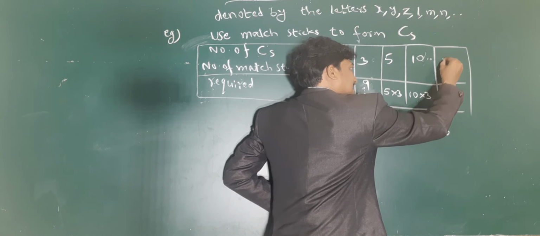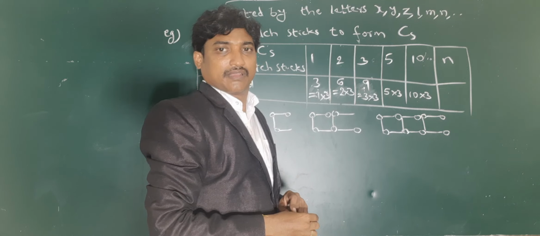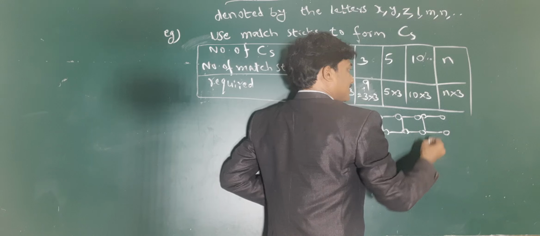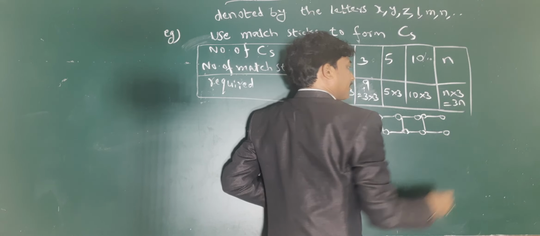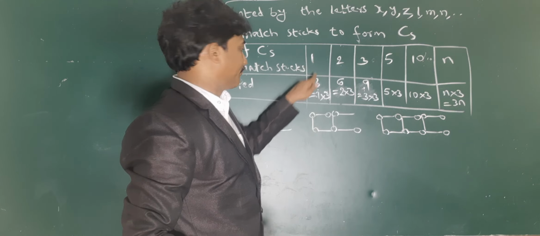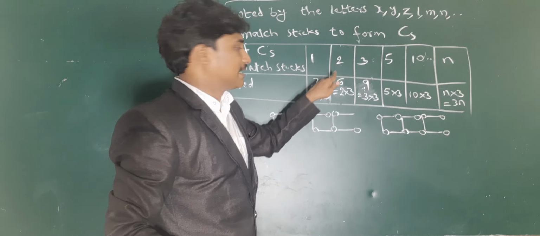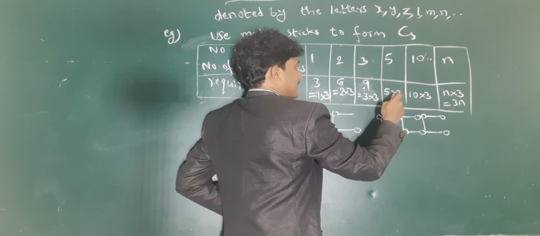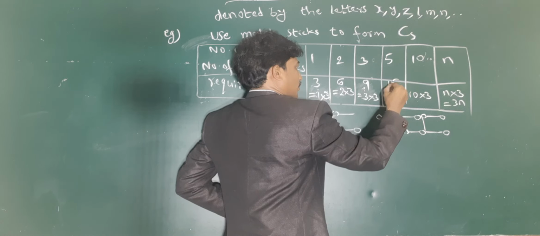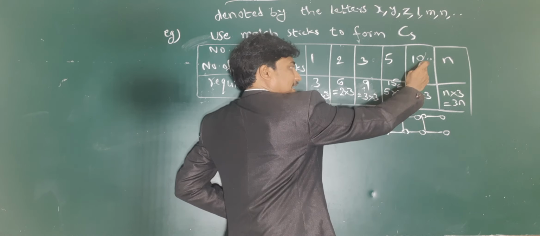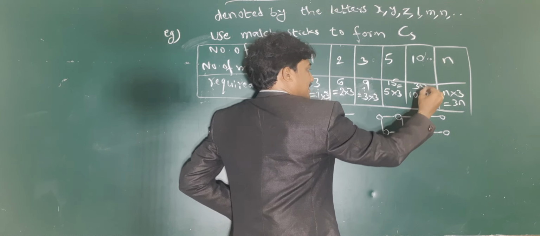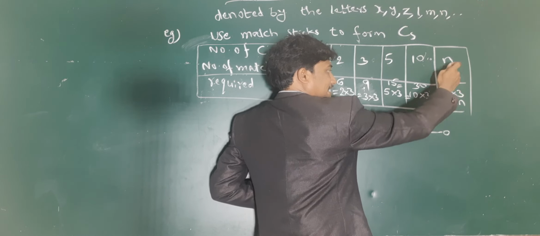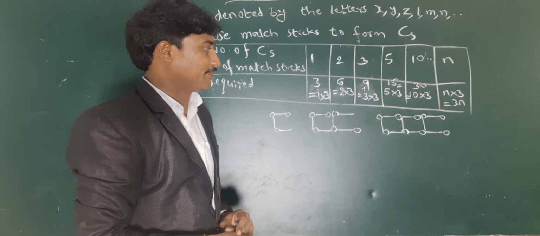If there are n C's, how many matchsticks are required? n into 3, that is 3n. For 1 C, 3 matchsticks; 2 C's, 6 matchsticks; 3 C's, 9 matchsticks; 5 C's, 15 matchsticks; for 10 C's, 30 matchsticks; for n C's, 3n matchsticks are required.